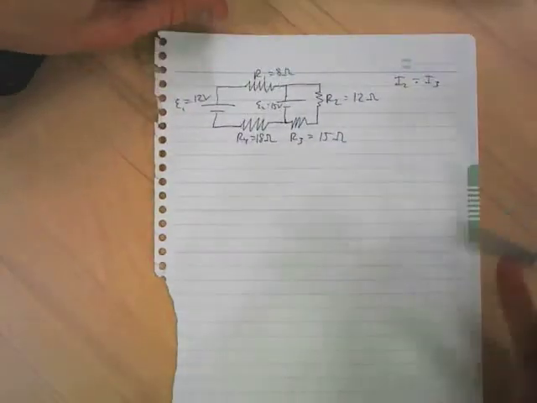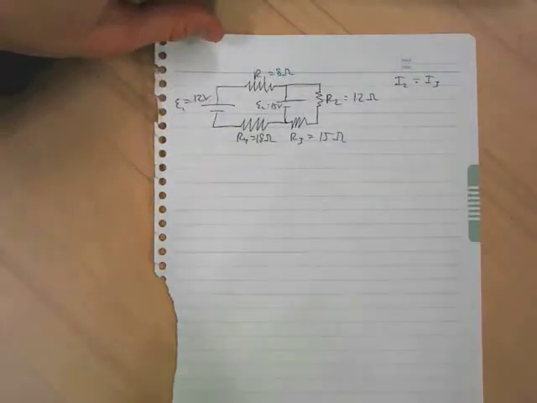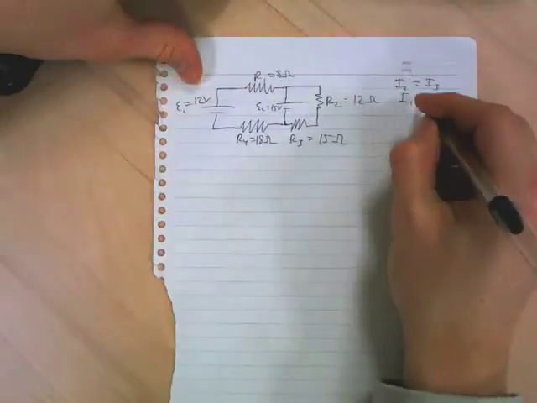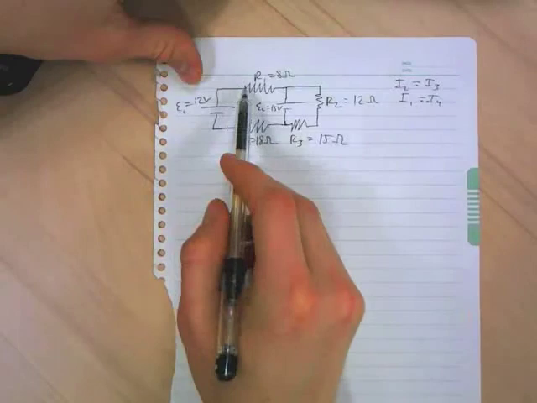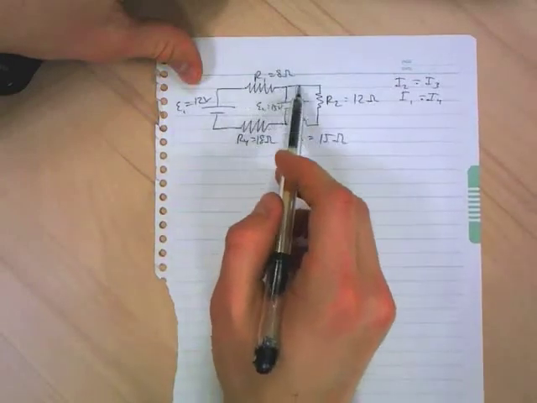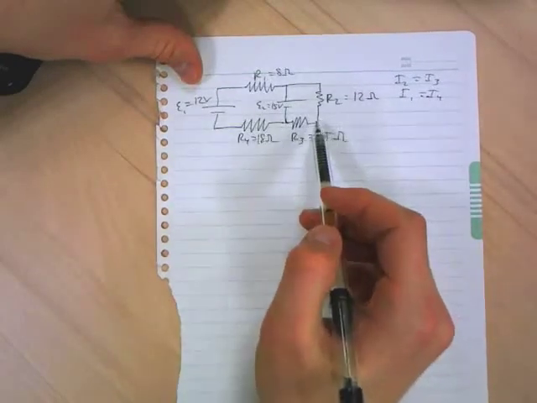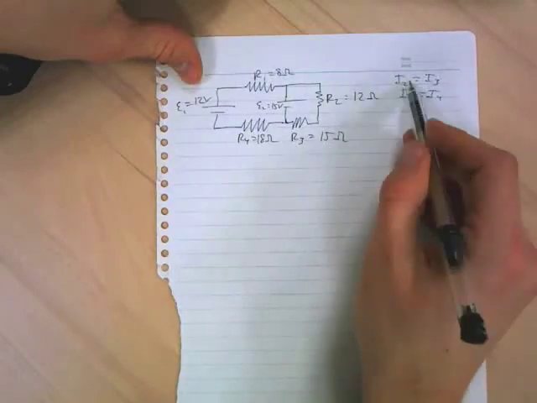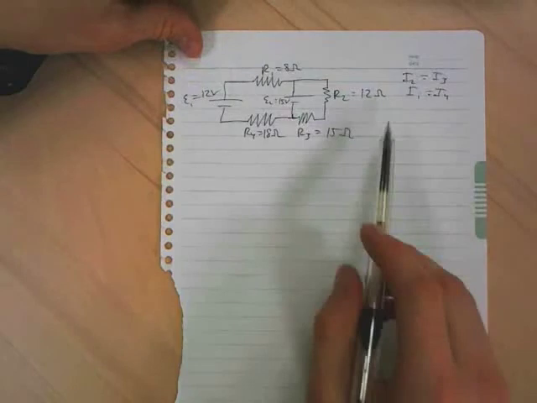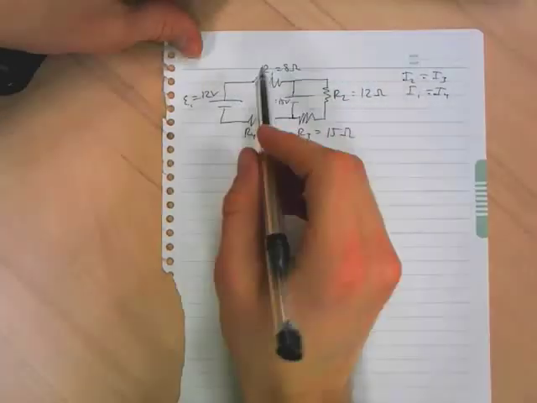And we can also say that I1 equals I4, because the current that flows through R1 splits off here, but then it'll come back together and go through the R4. So these pairs are each equal to each other, which might actually make this one easier to solve by hand. Then we can start writing loop rules.